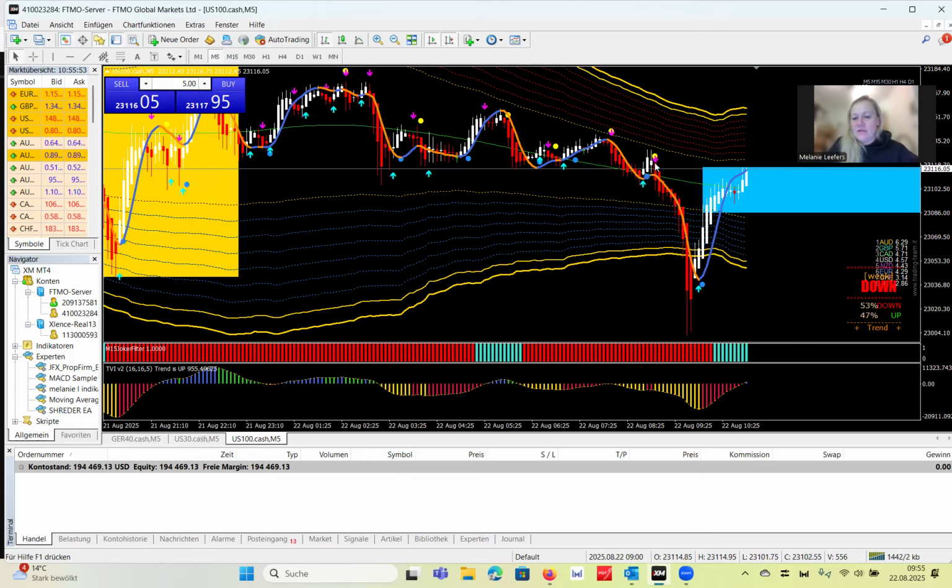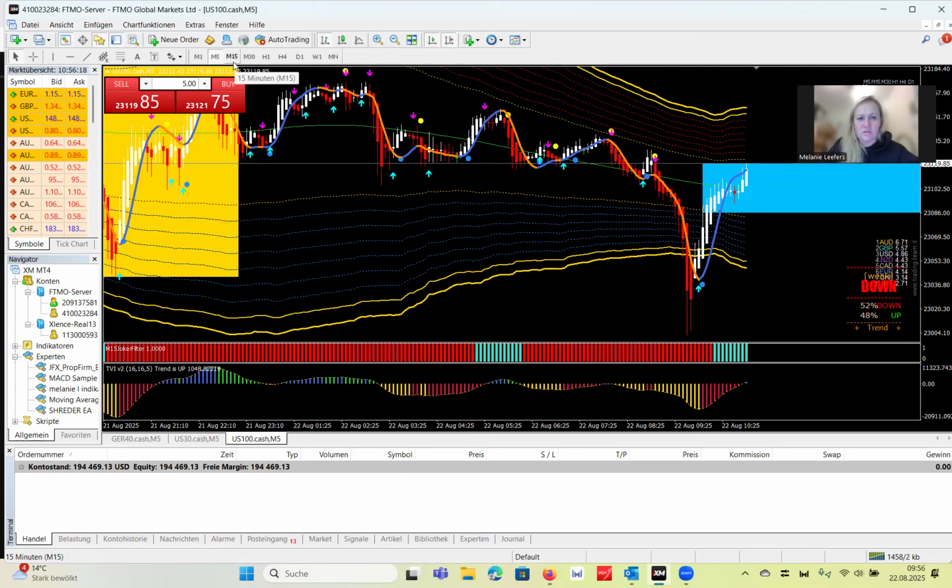This indicator is printing you signals, which means that if you have a pink arrow and a yellow dot, these two have to be printed, yellow dot and pink arrow, this confirms sell. I have it here on the 5-minute chart, but you can choose any chart. So this shows you we are going down.